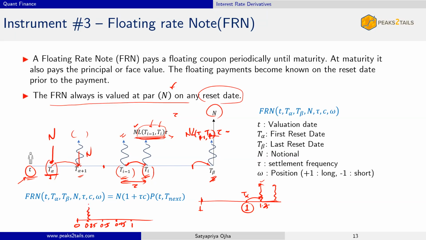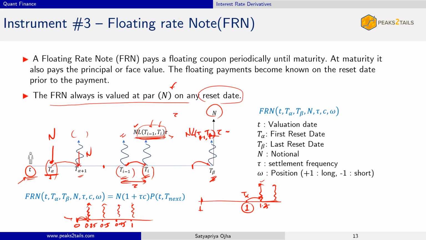If your first floating payment is here, then you kind of know it. Getting into the floating rate bond, the first coupon payment is known because 0 is a reset date, and the first interest rate is visible to you, so it's defined. The first one is known; it's deterministic. Going forward, these are not known.